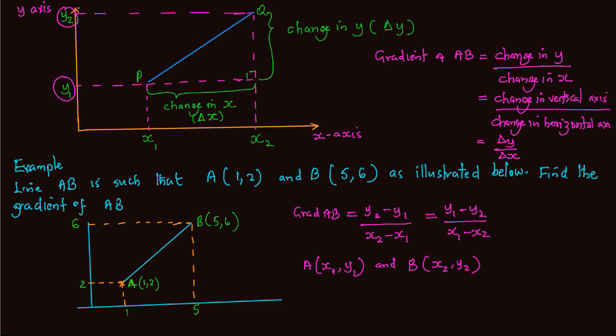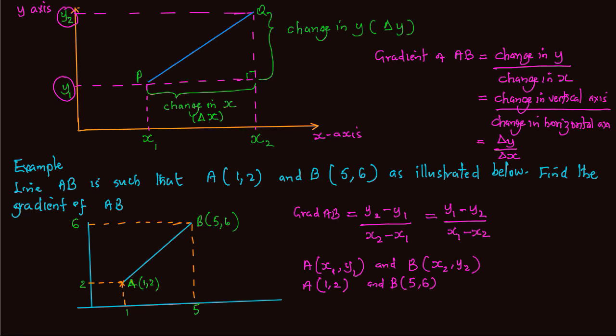So from the definition above, A has coordinates (1, 2) and B has coordinates (5, 6).